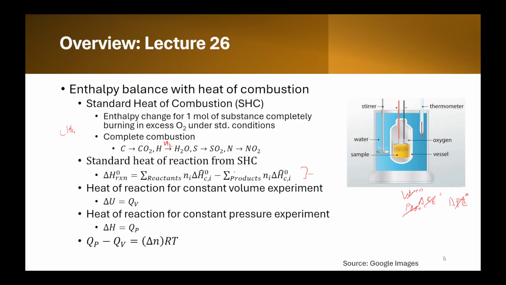So from the heat balance, you get delta U is equal to QV, where QV is the heat transferred during this combustion reaction.